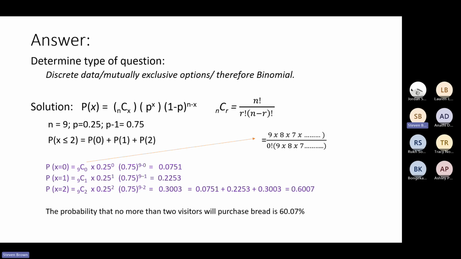Then the next one I'm going to put a 1 in there, and then the next one a 2. Let's do the 0 first. So we put a 0 there. N minus 0 is 9, so it'll be 0 factorial, 9 minus 0 factorial over N factorial. Hopefully your lecturers have shown you how to do this on your calculator.